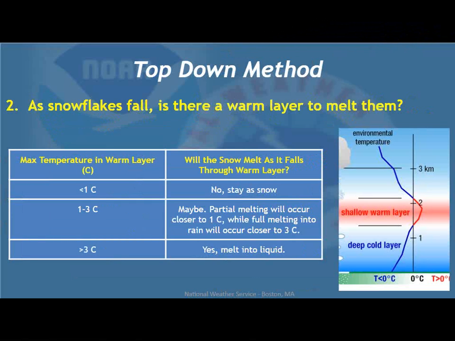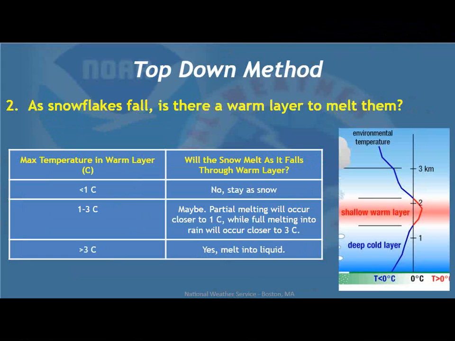The second question is, as the snowflakes fall, is there a warm layer to melt them? Generally, the numbers here on the left-hand side of the table are used as a guide. It's not just about how warm it is above freezing, but also how deep the warm layer is.